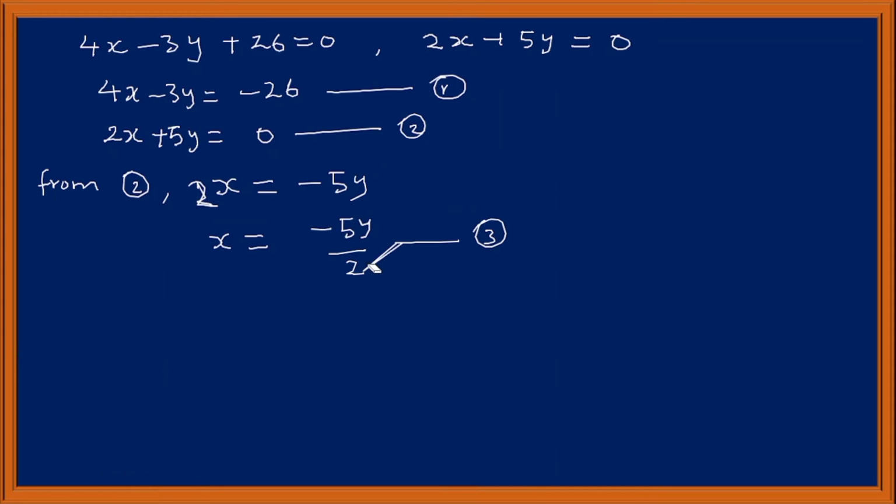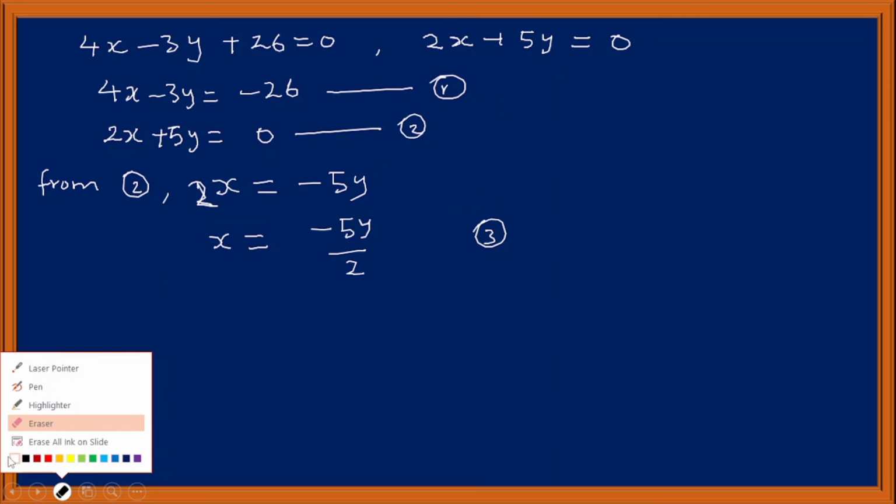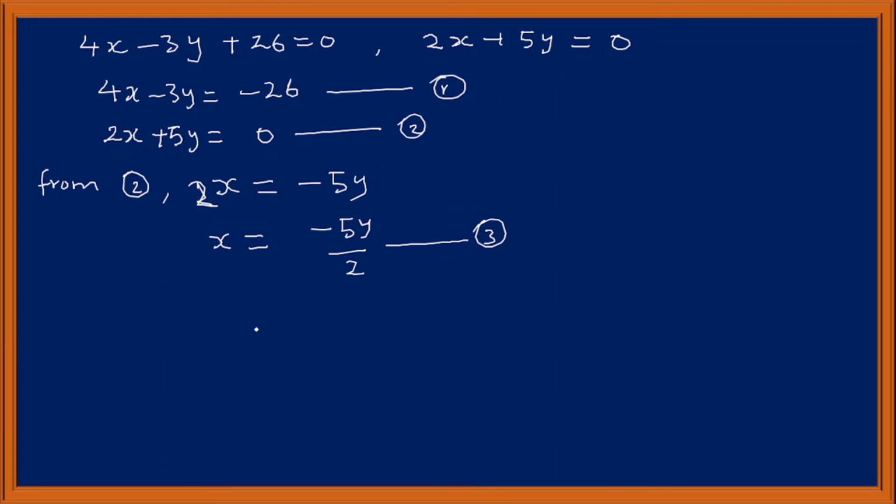So that's all you just need to do, create another equation out of any of the given equations. So since we have this, I'm just going to substitute x equals minus 5y divided by 2 into equation number 1. So doing that is going to be simple. I'm going to substitute equation number 3 into equation number 1.